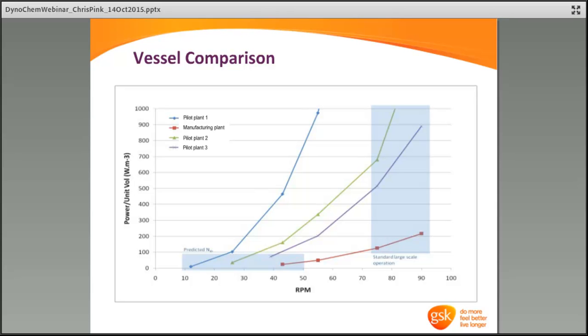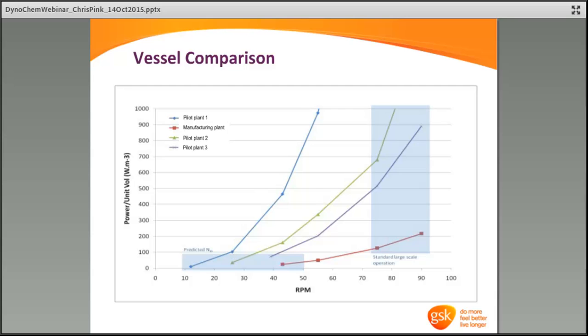So, we know that there's no risk of over-agitating this reaction mixture. The exotherm that we saw is very mild, so if you do absolutely blitz it, you're not going to see a huge jump in temperature.